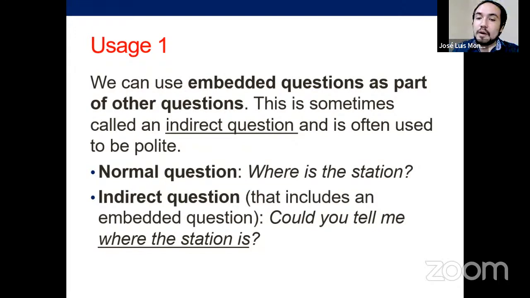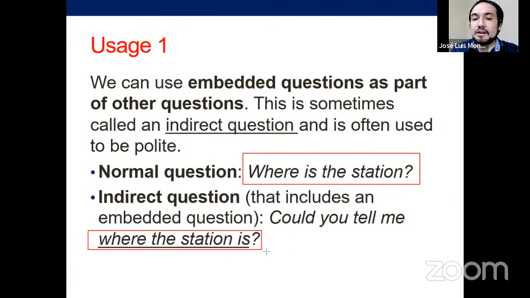So we are still using the main question, the normal question, but of course we have some changes. Where is the station? is a question with inversion, and when you answer, you say the station is here. So in embedded questions, you need first one more question: could you tell me, plus your question.